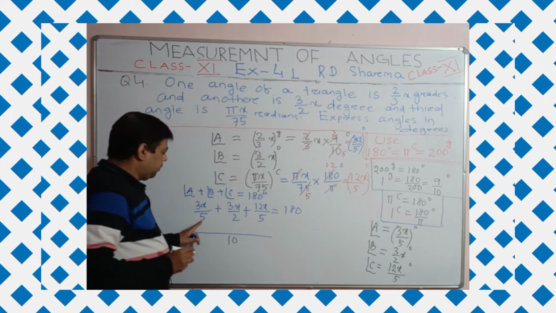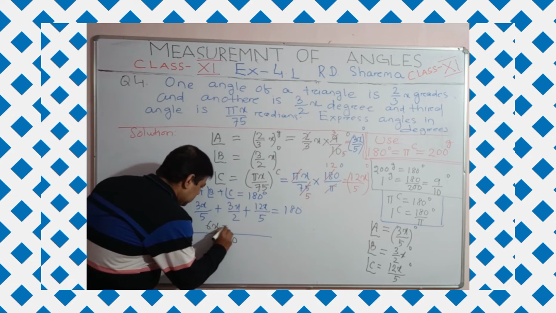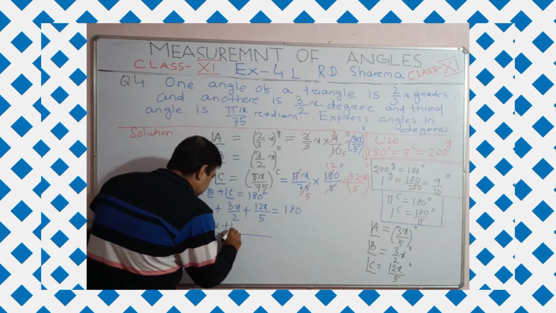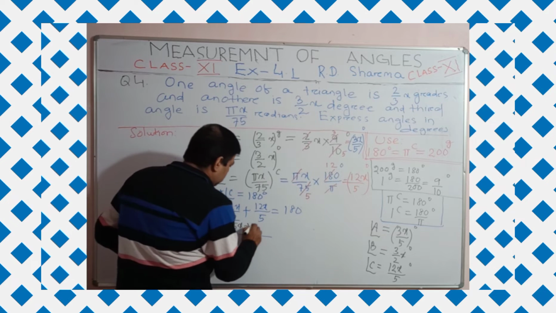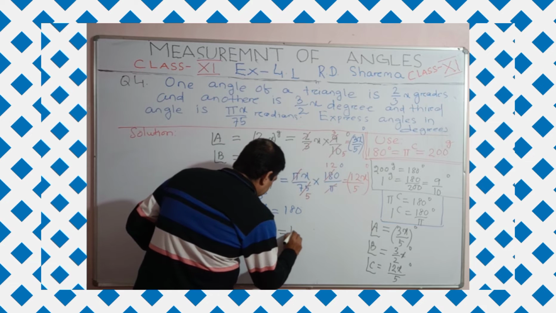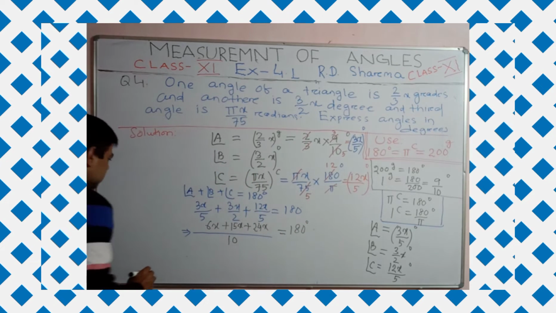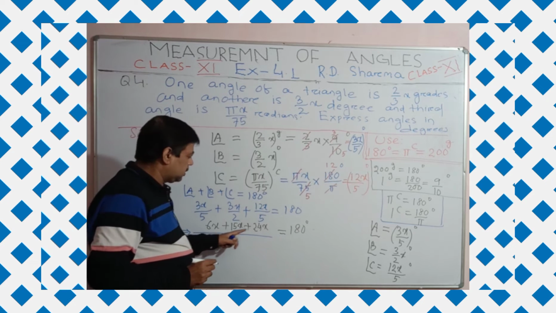So 10 divided by 5 is 2, 2 times 3 is 6x. 10 divided by 2 is 5, 5 times 3 is 15x. And 10 divided by 5 is 2, 2 times 12 is 24x, equal to 180 degree. Understand? So that implies 6x plus 15x plus 24x.